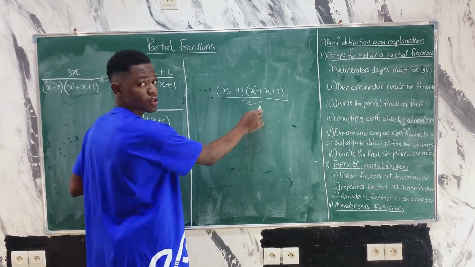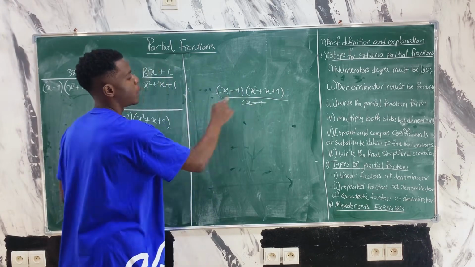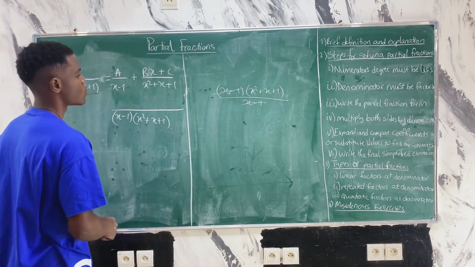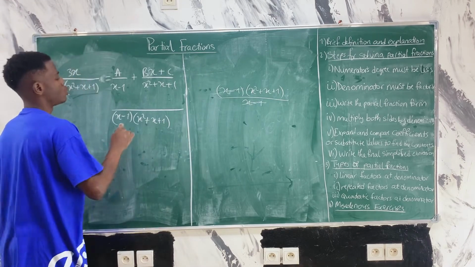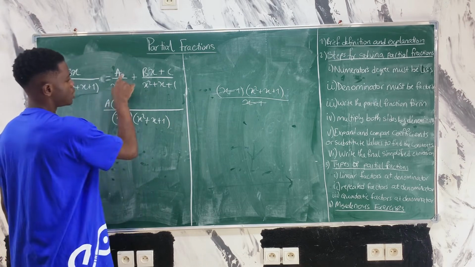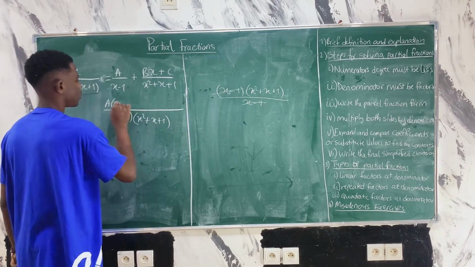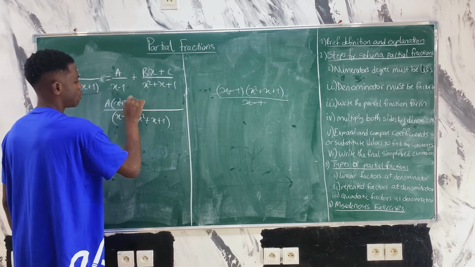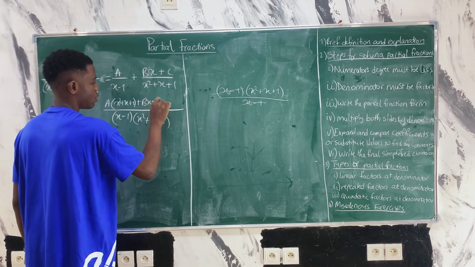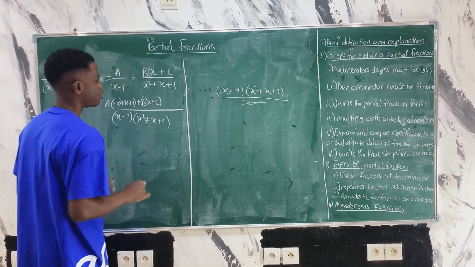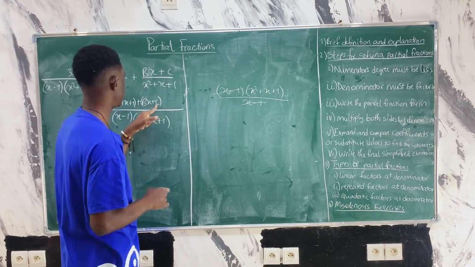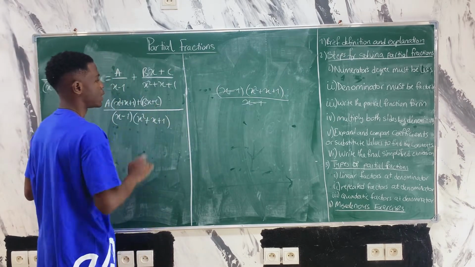Here you can see that this will cancel this and we'll be left with x squared plus x plus 1. So I'll have A into x squared plus x plus 1 plus Bx plus C. I put my full bracket. I put this bracket to show that it is not just C that is multiplying, but all of this expression is multiplying.